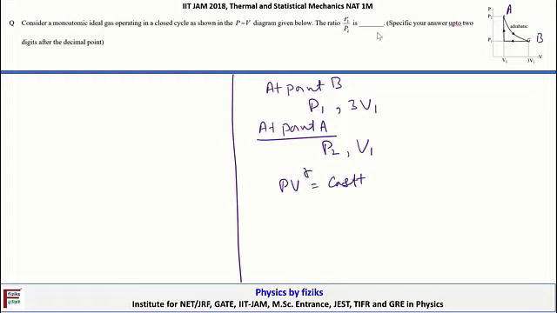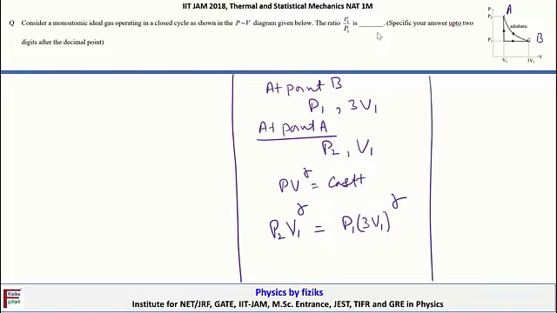So let's write this equation for these two points A and B, because they represent equilibrium states. At point A, P2 V1^gamma is equal to P1, the pressure at point B, times the volume 3V1 to the power gamma. So this equality should be satisfied, and we have to find the value of P1 by P2.